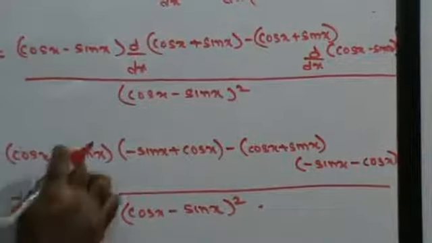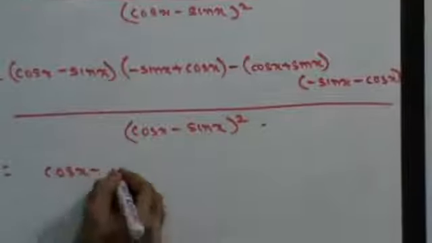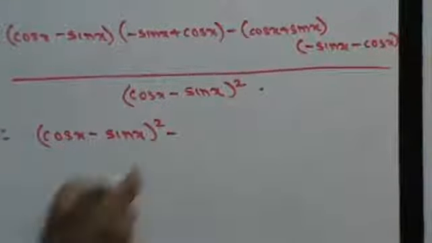Now this is cos x minus sin x, cos x minus sin x. So this is cos x minus sin x the whole square minus.